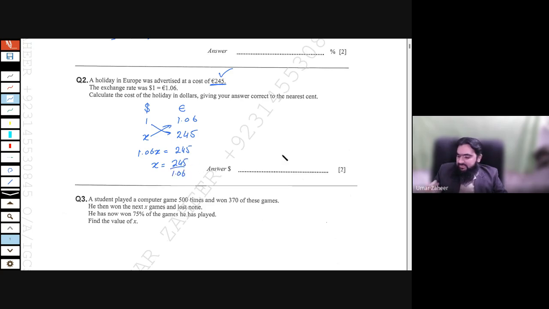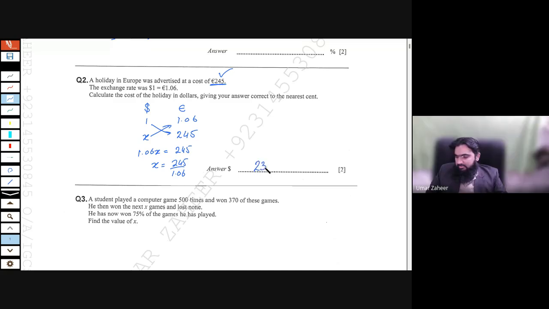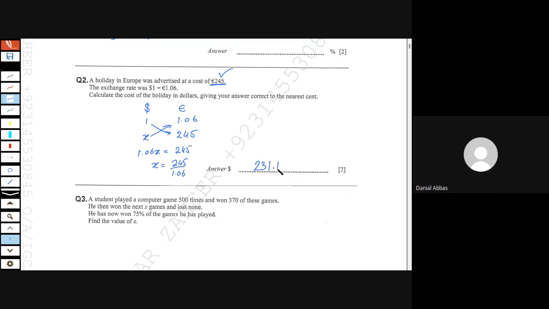For the final answer you have to use the calculator. 245 divided by 1.06 will be equal to 231.13 dollars.